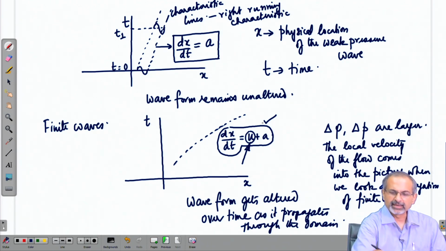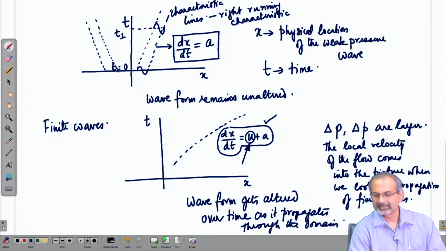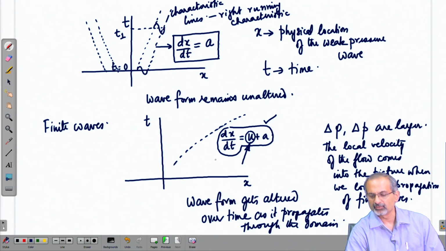If there were left running waves in the case of sound wave, they would propagate like this, with the characteristics remaining straight lines, and they all have the same slope. While in the case of finite waves, different portions of the flow field can have different characteristic line slopes, because u plus a is involved and u is a function of space and time.